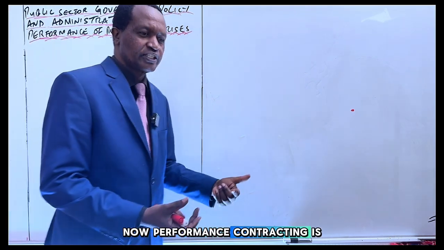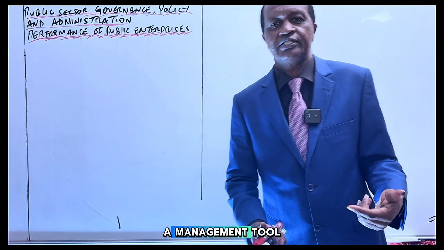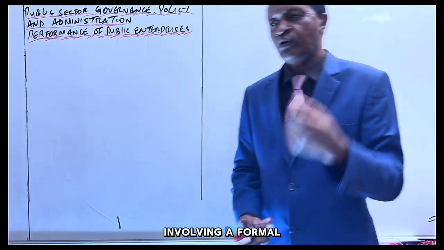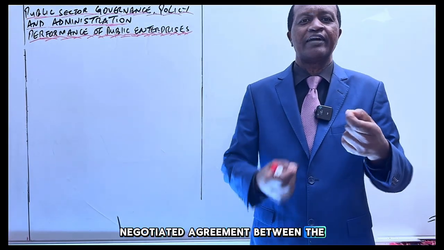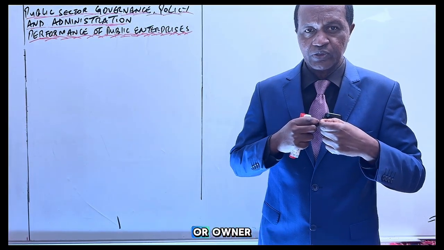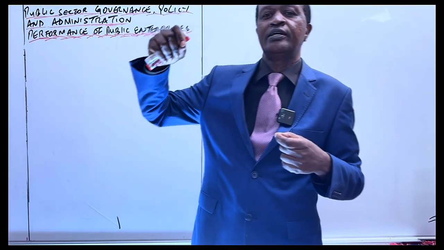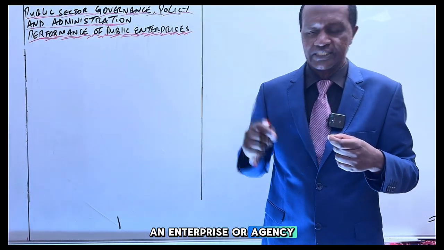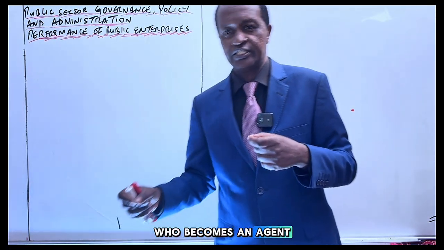Now, performance contracting is a management tool involving a formal negotiated agreement between the government, who is the principal or owner, and the management of a public enterprise or agency who becomes an agent.